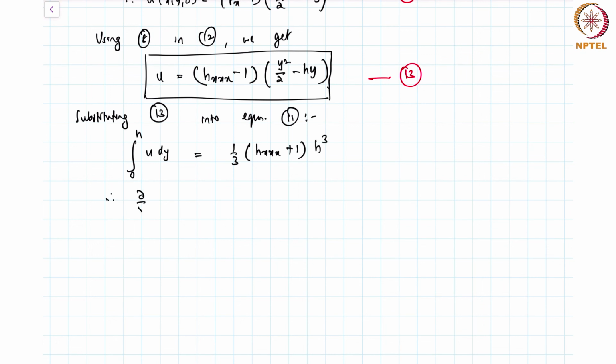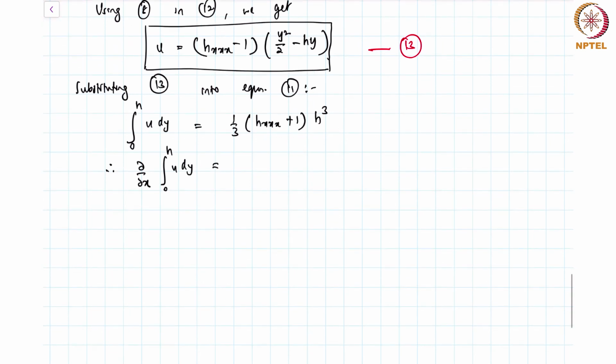Therefore, del by del x of the integral from 0 to h of u dy will simply be, sorry, not half, it's 1 by 3, h_xxx h cubed, again with respect to x, plus h squared times h_x.